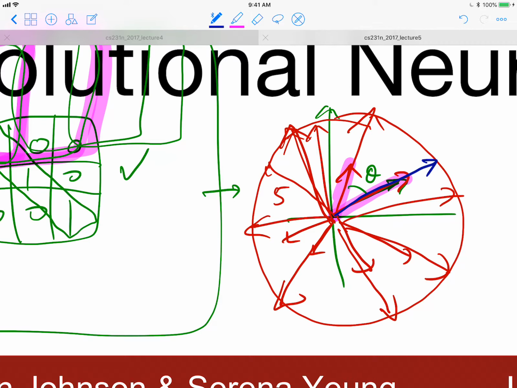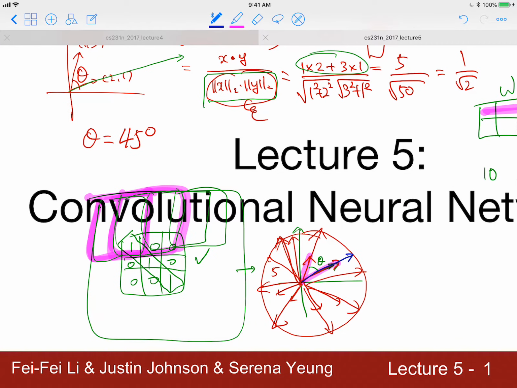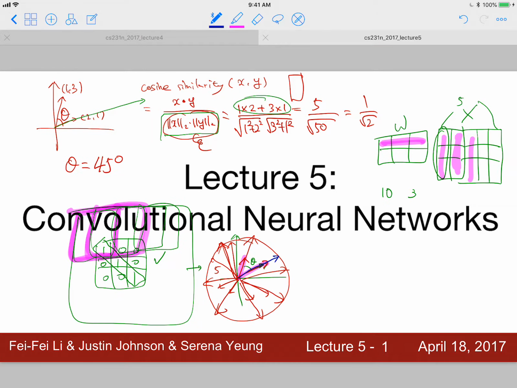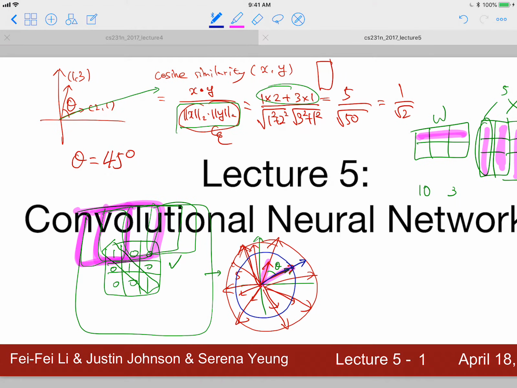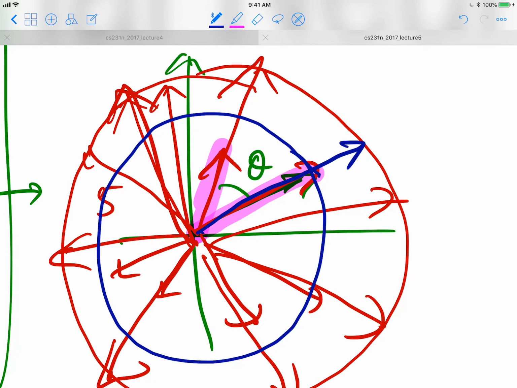And that can be further simplified: if we also have the same length as the filter vector, then the maximum possible similarity is obtained from the same vector as our filter, right?